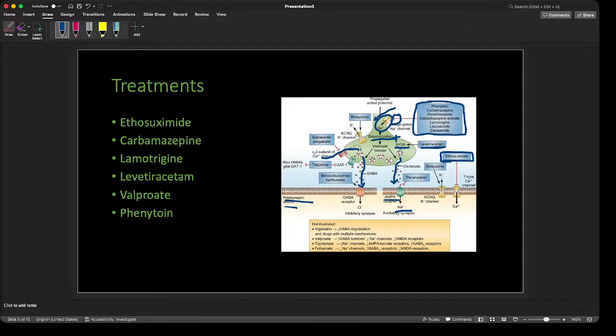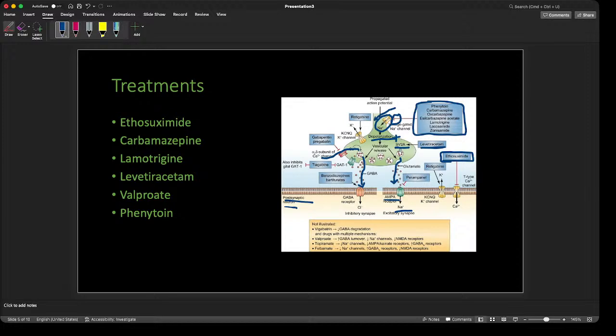So this is just a basic diagram. I hope this helps you all understand the overview of a lot of these anti-seizure medications, in terms of mechanisms, just in this one diagram.